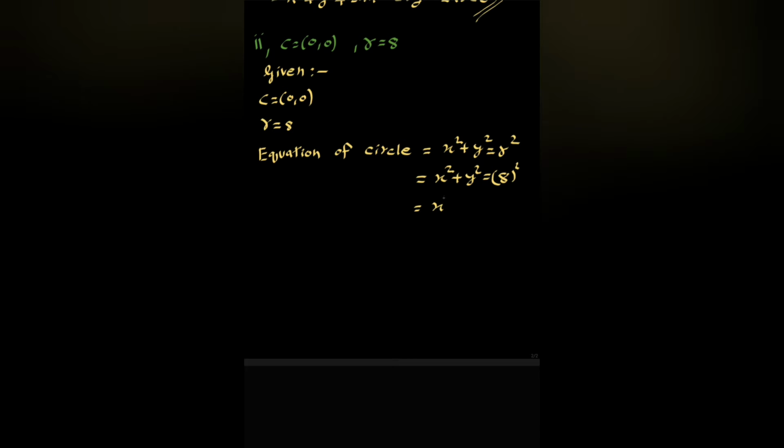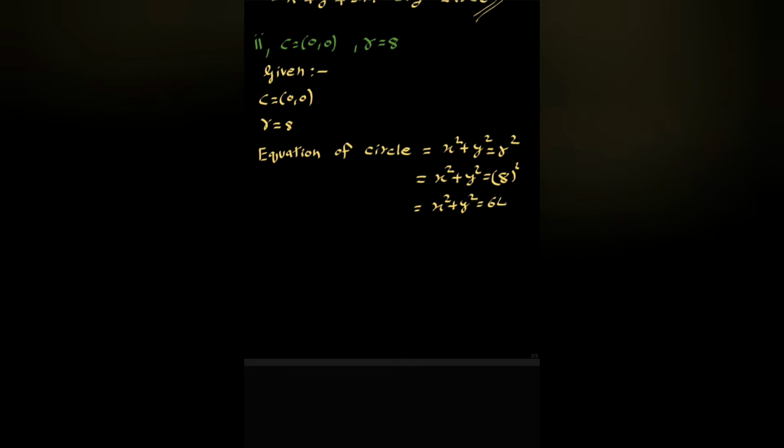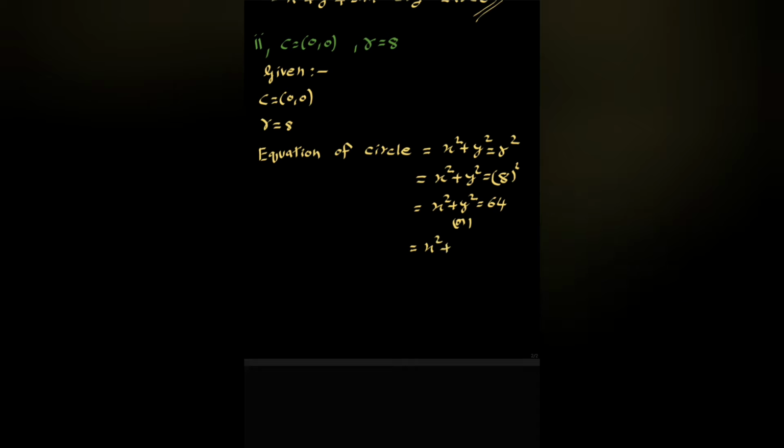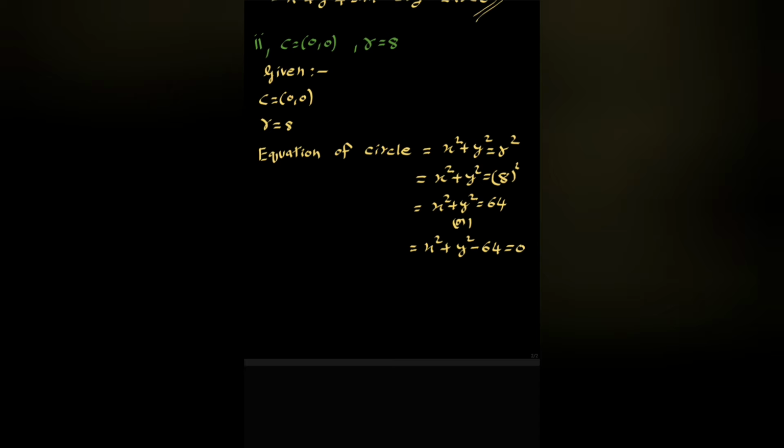That is x square plus y square equal to 64. Or you can write it as x square plus y square minus 64 equal to 0. So this is the final answer.